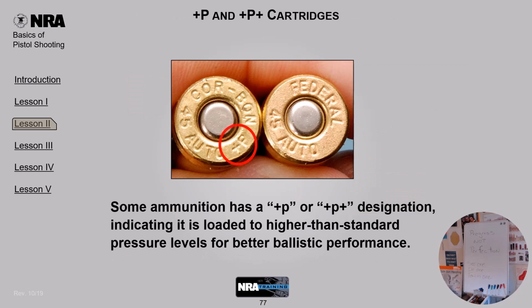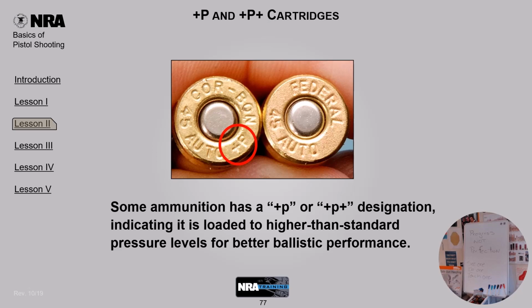All right, plus P and plus P plus cartridges. Some ammunition has a plus P or plus P plus designation, indicating it is loaded to higher than standard pressure levels for better ballistic performance. So, guess what? There's another test question. So, take out your test. Go ahead to question number 32. Now, this is how they get you.